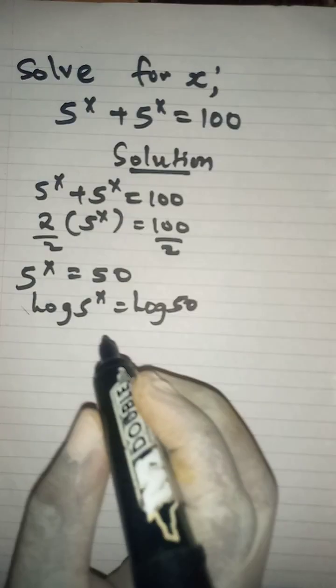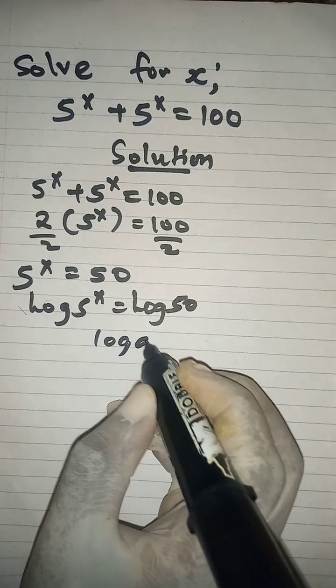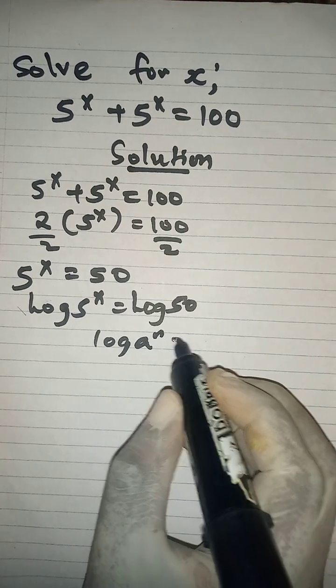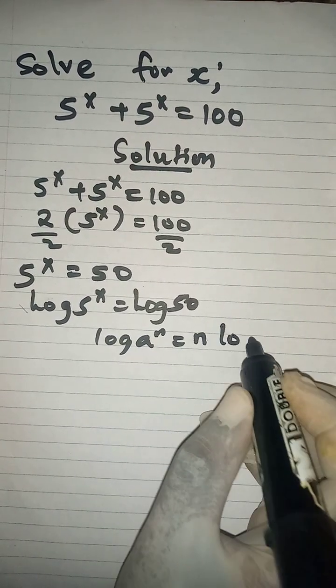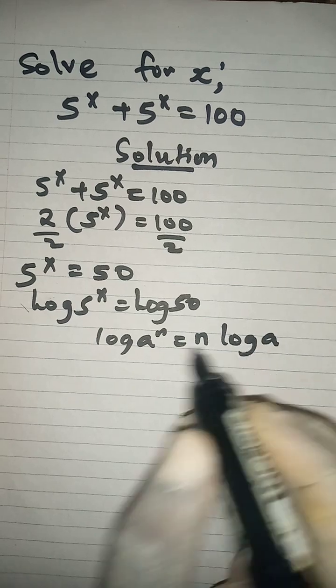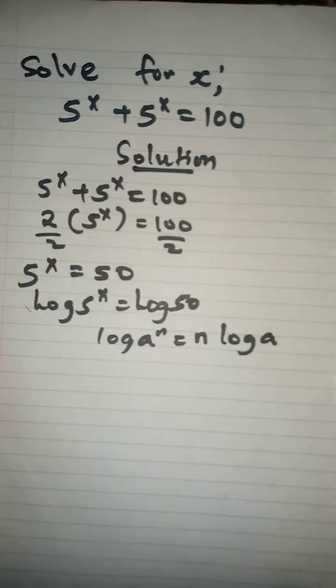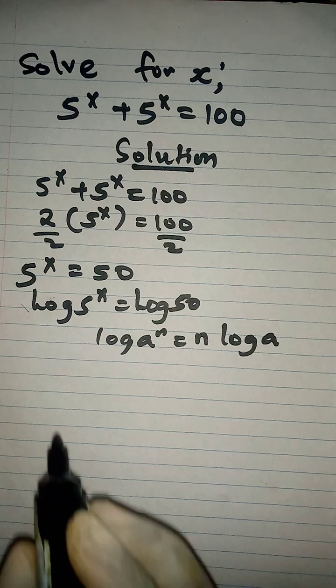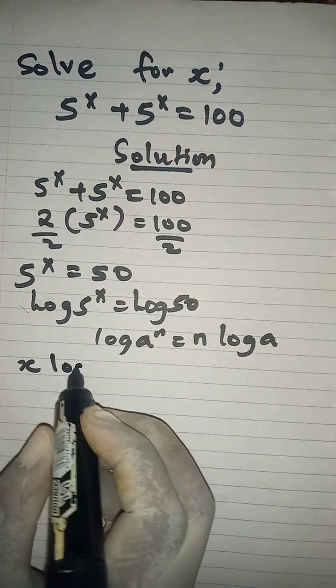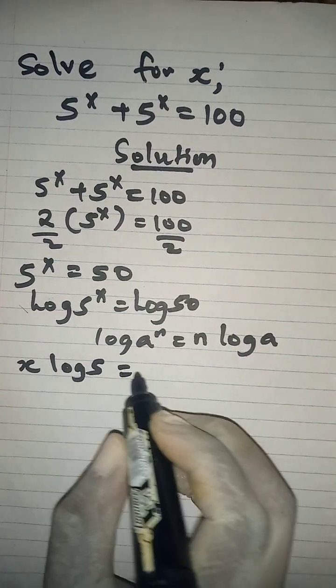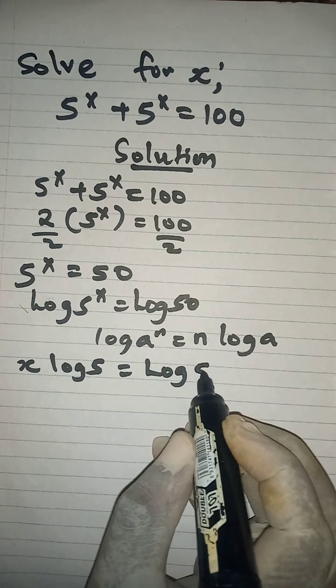So using the log of a raised to n, this can be simplified as n times the log of a. The power just comes down so that I have x times the log of 5 is equal to the log of 50.